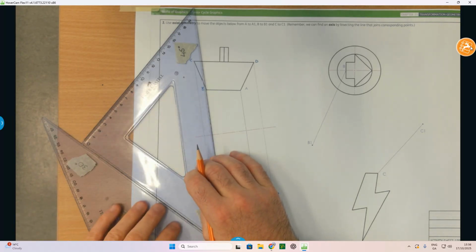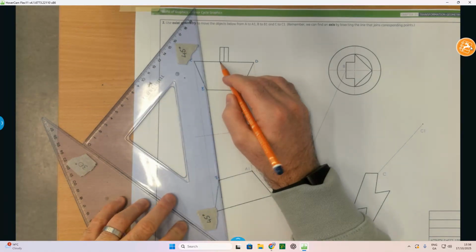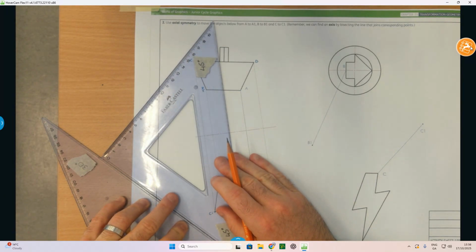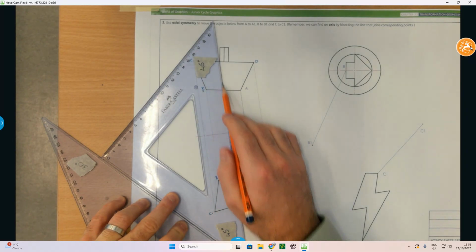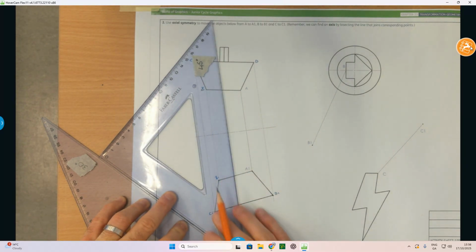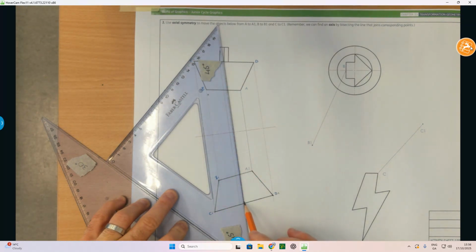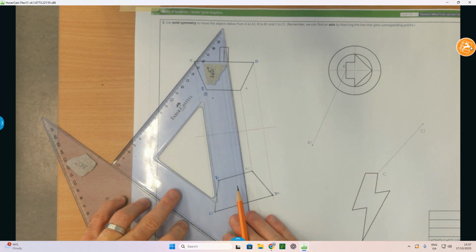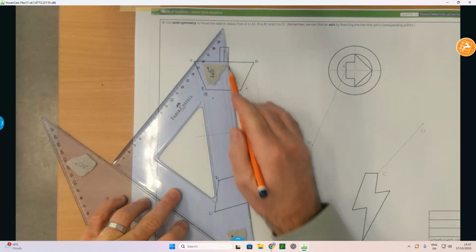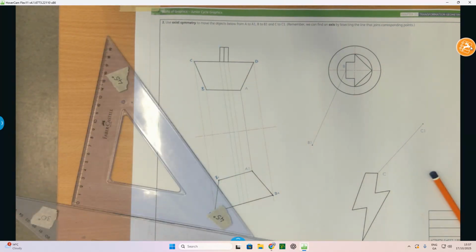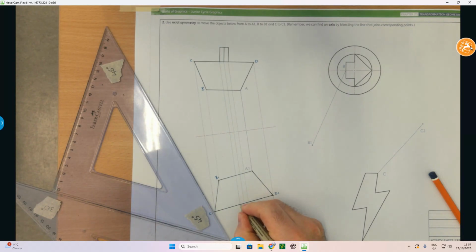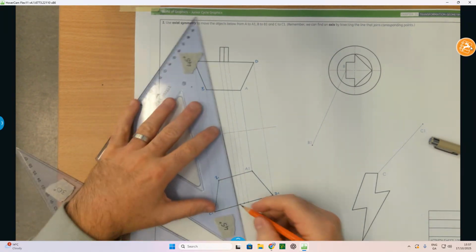Then I take this point, slide the set square along until it hits that line there, and that line there. And all I've done is found those three points.